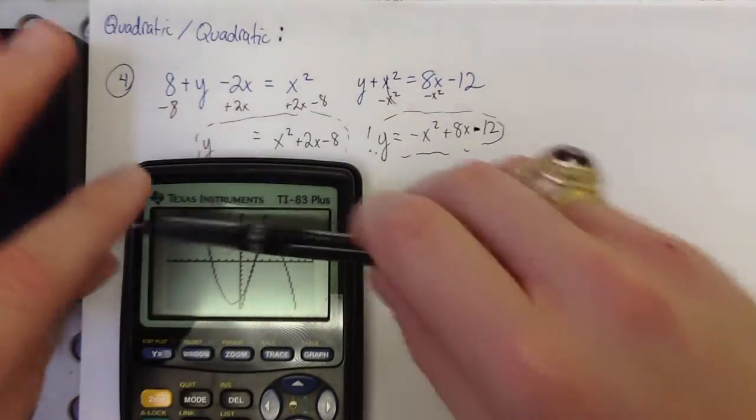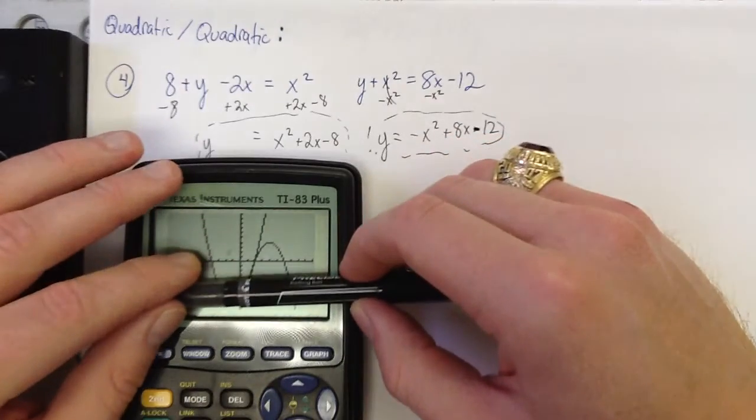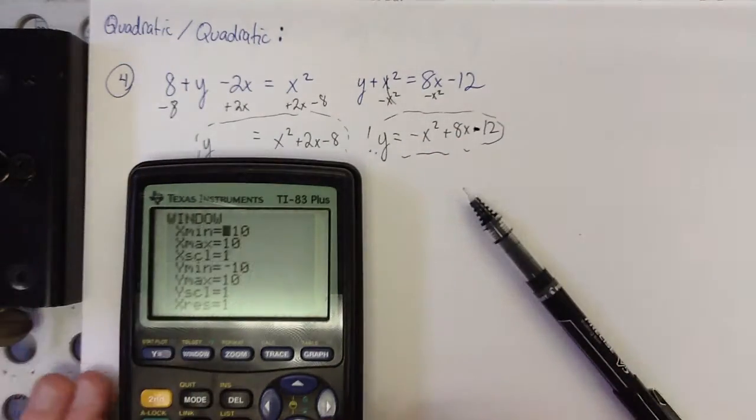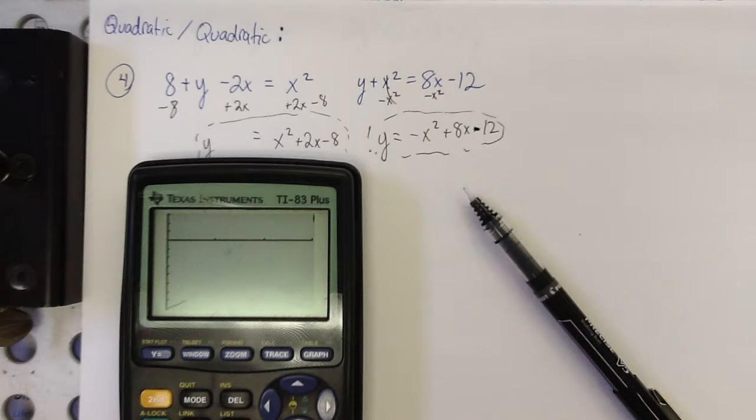And range, well, probably between 2 and negative 8 maybe. Let's try that. Just the best guess. We don't have to be perfect on this. So I meant negative 8 on that. All right, so 0 to 3 and then negative 8 to 3 on the y. Hit graph, see what that looks like.